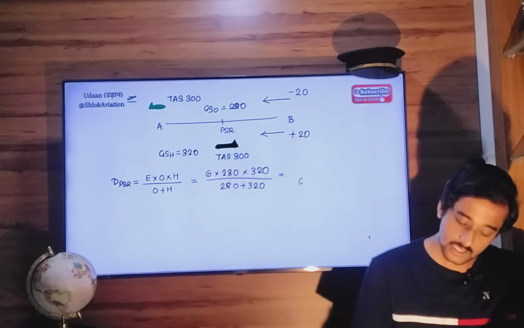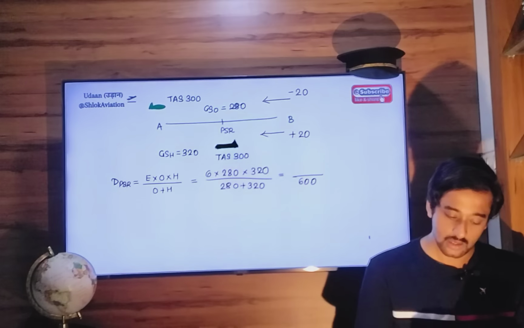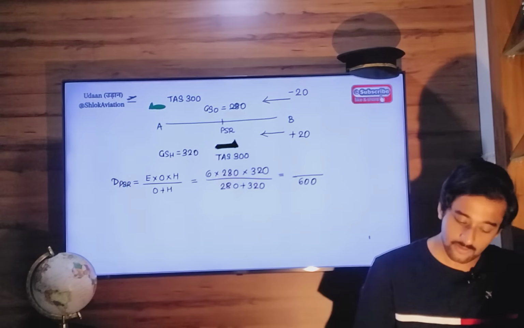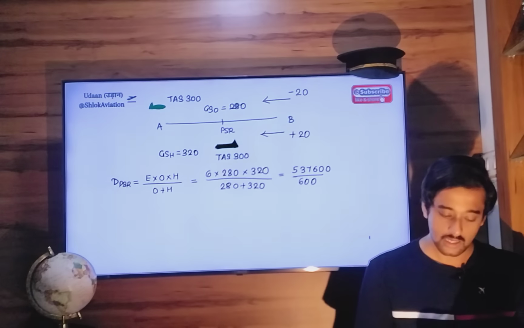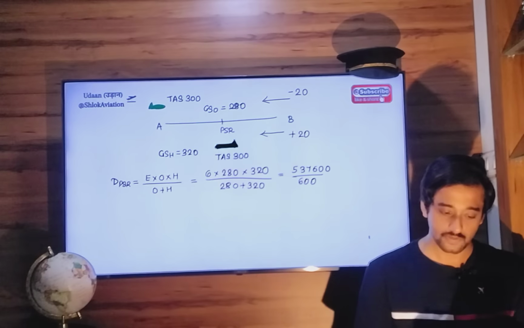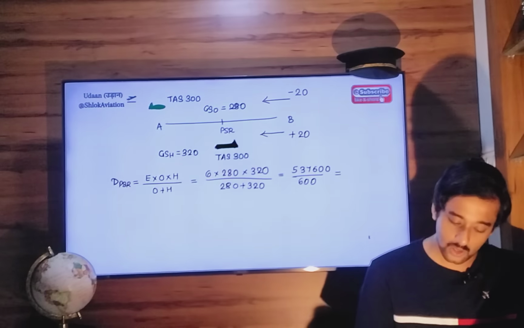So 600 is the denominator. 6 into 280 into 320, 537,600. 537,600 divided by 600, 896 nautical miles.